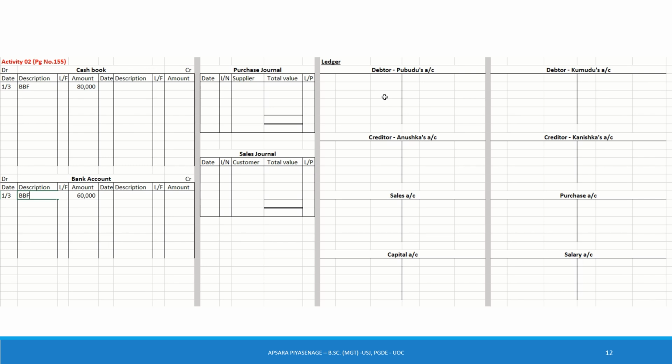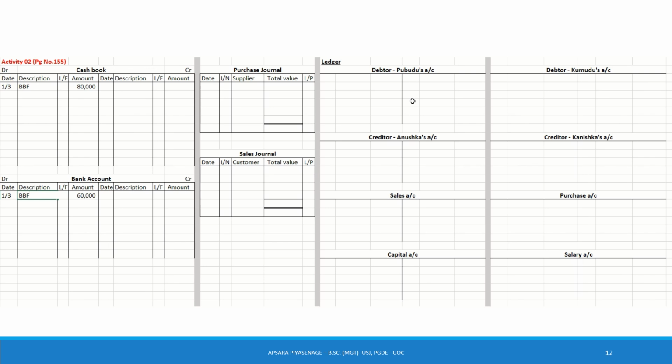I have opened two debtor accounts. Here in ledger accounts, I have drafted T accounts to manage the space here, but you have to record all the transactions in or draft the ledger accounts with full format.